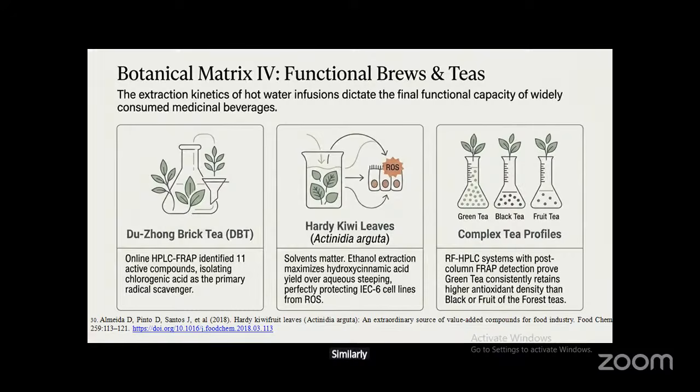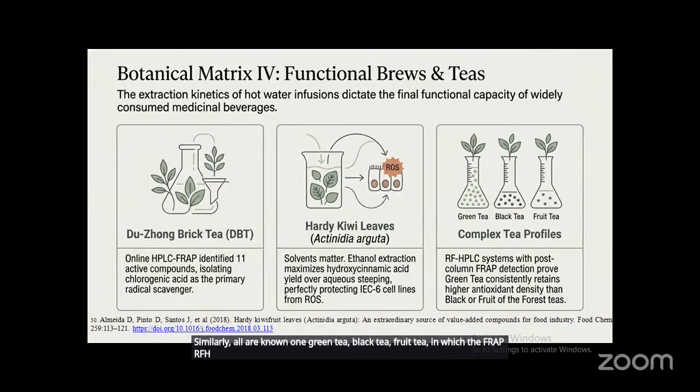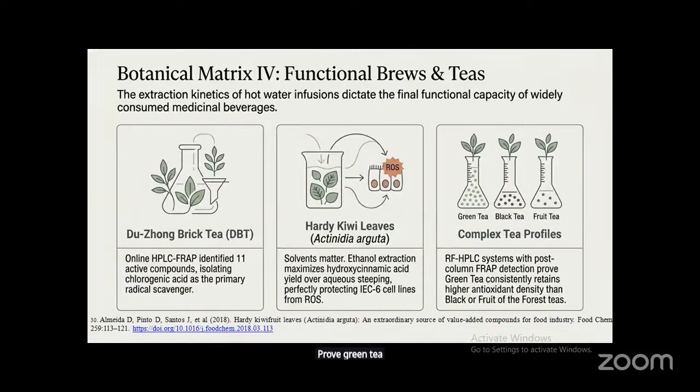Similarly, with green tea, black tea, and fruit tea, the HPLC-FRAP technique proves green tea consistently retains higher antioxidant density than black or fruit tea.